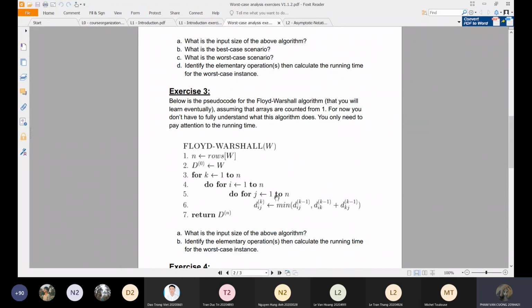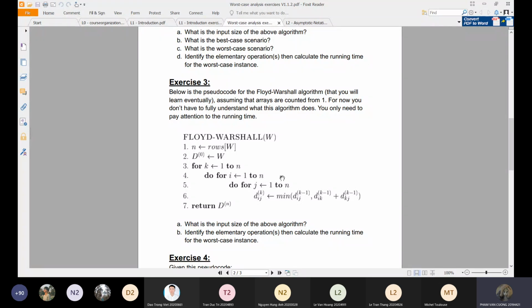For n times it returns true, and for the last time it returns false. But for the outer loops, if they return false, then you don't have to run the for j equal to 1 to n line. Yes, I understand that. I just think that for k from 1 to n, it means that k equal to n is false. So you are thinking in terms of Python, for i in range something, right? Yes. Nope. So for this pseudocode, the case k equal to n and i equal to n still returns true. Okay. Thanks. You understand? Yes.